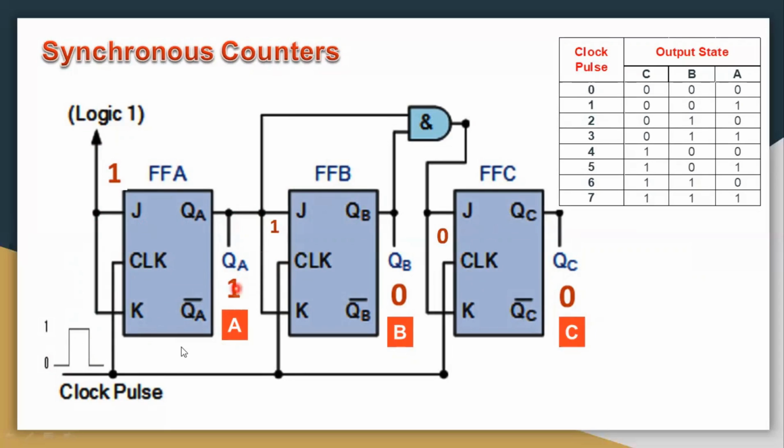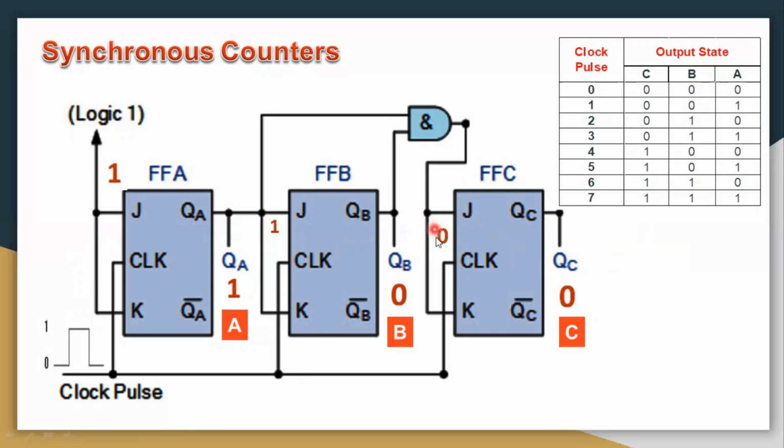Now, just before the second clock pulse, this input is high, therefore it will change to 0 after the second clock pulse. Here, the input state is 1, therefore it will change to 1 after the second clock pulse.